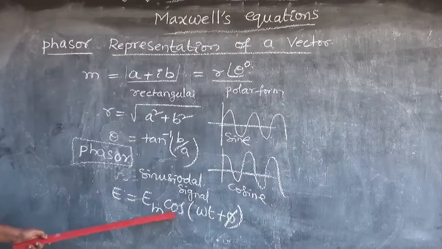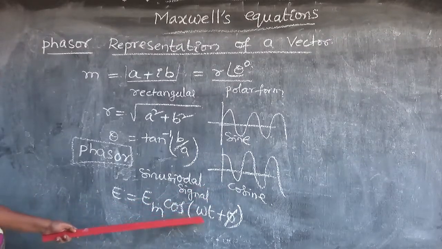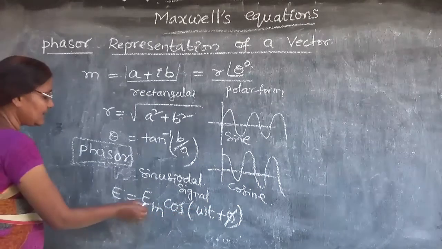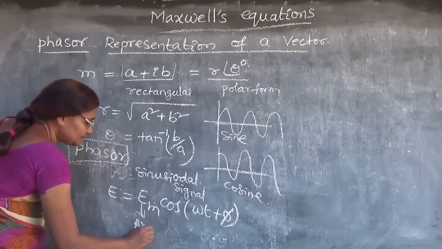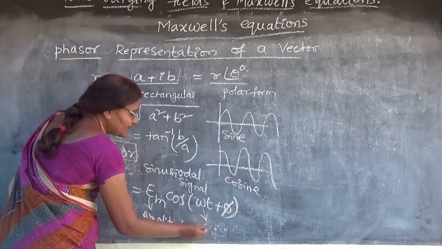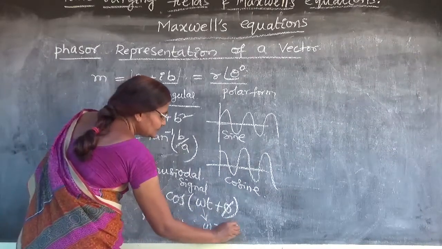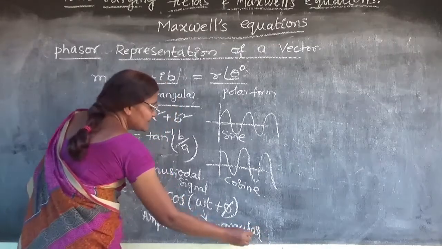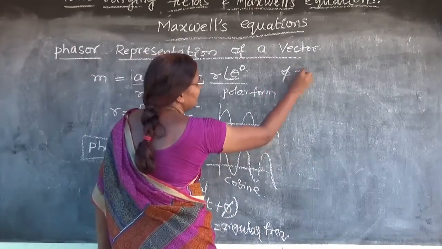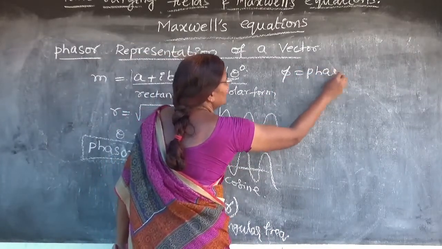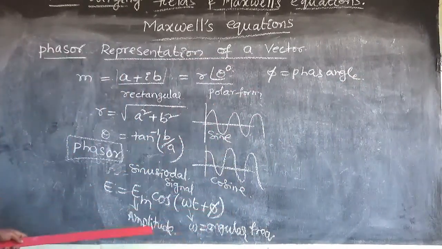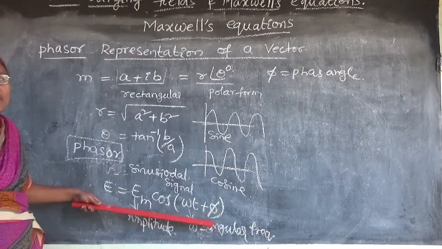Here if I write cos also, it is also a sinusoidal signal. So Em cos omega t plus phi. Here Em is called the amplitude, omega is called the angular frequency, and phi is called the phase angle. So with these three features we can represent a sinusoidal wave.